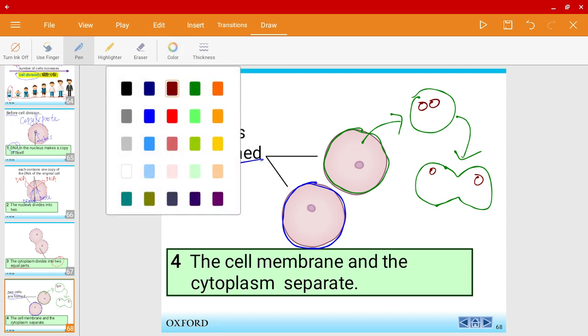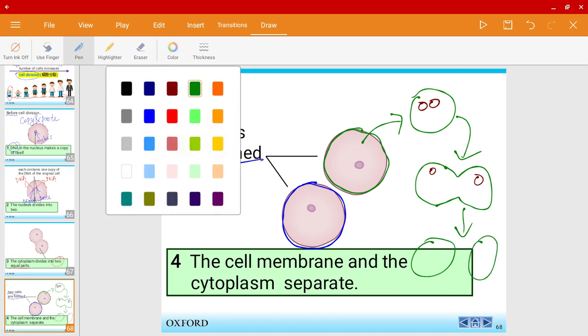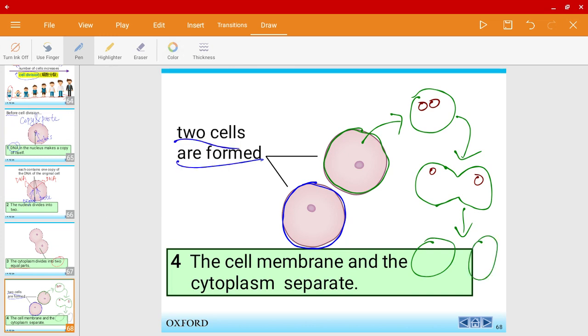And then afterwards, you would notice that there will be two cells formed again. And this process could repeat and repeat and repeat, and then you'll have so many different cells being formed. So that is how we grow bigger and stronger and older. I'll talk more about what happens to these cells later on.